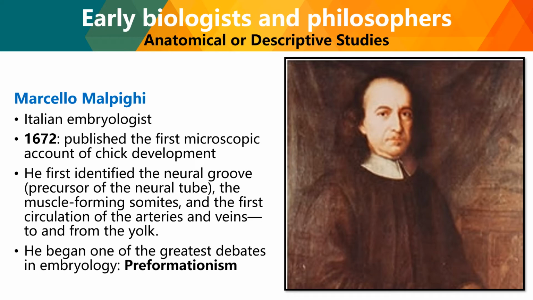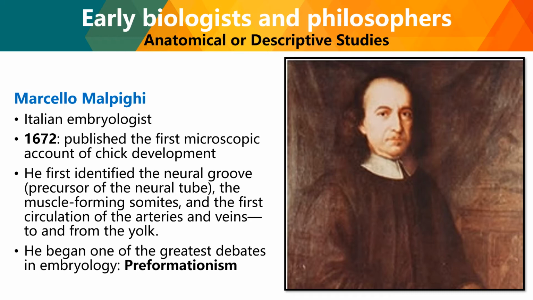Next, we also have Marcello Malpighi. He is an Italian embryologist, and in 1672, he published the first microscopic account of chick development. He first identified the neural groove, which is actually the precursor of the neural tube that eventually becomes your backbone or your spinal cord.